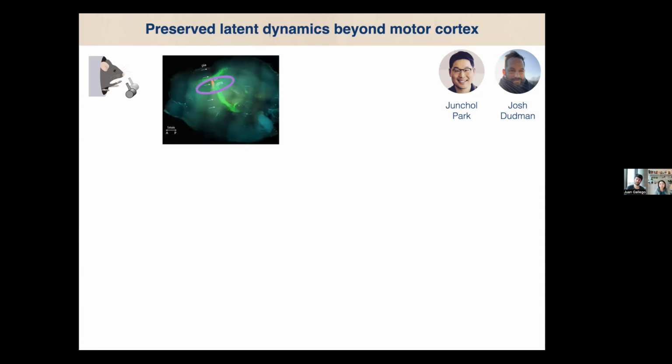So we were curious if our results will extend to other areas that are important for behavior but not as tightly linked to the output as motor cortex. And we could do that, again, looking at Junchol and Jose's data, because they recorded with Neuropixels from both M1 and dorsolateral striatum, which is the mouse homologue of putamen, the main input of the basal ganglia that receives inputs from motor cortex.